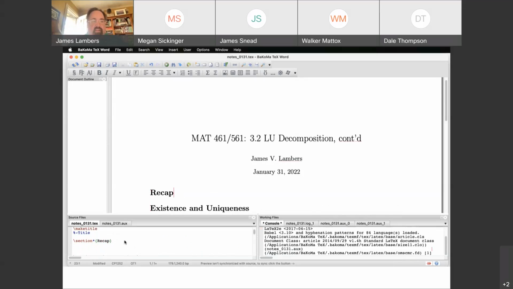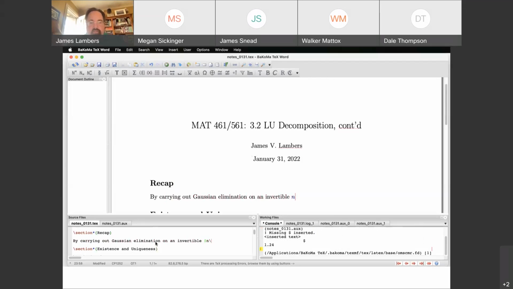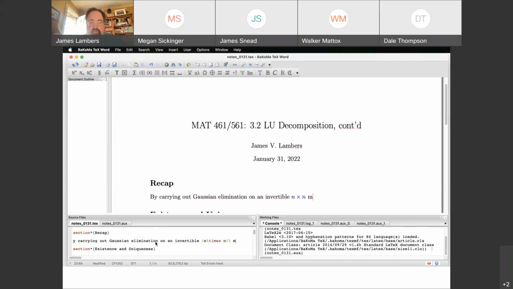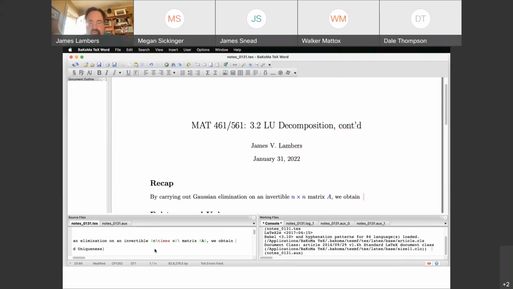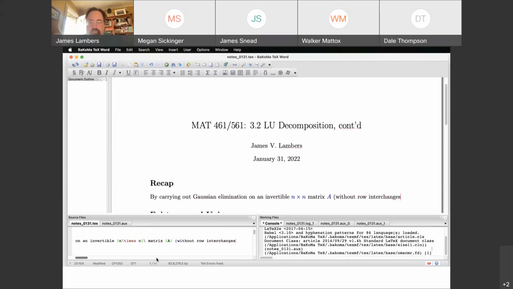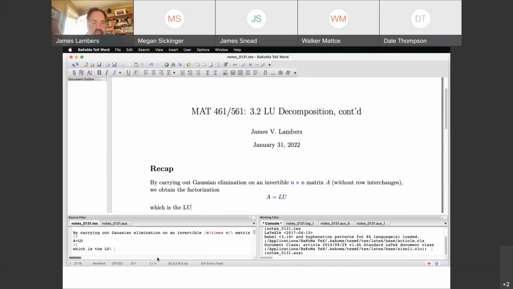So, if we carry out Gauss elimination on an invertible matrix A, I want to emphasize without row interchanges, which will be one of the topics I discuss today, A equals LU. It's LU decomposition or LU factorization.